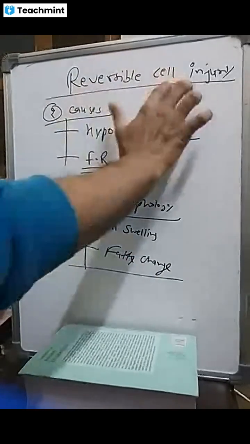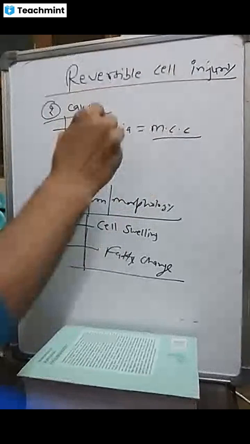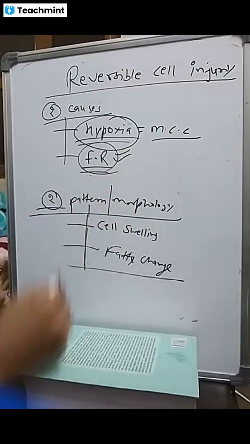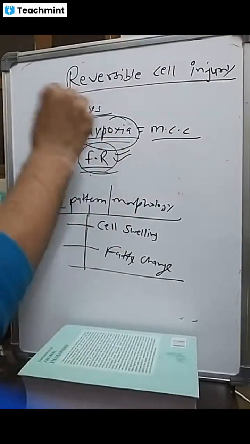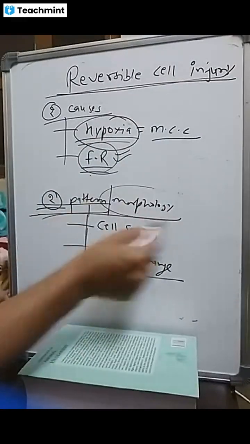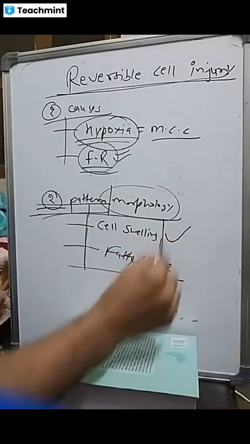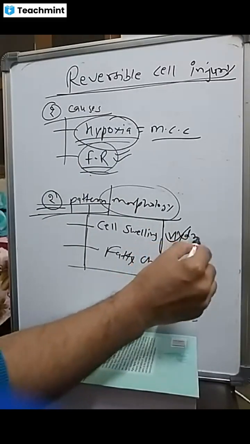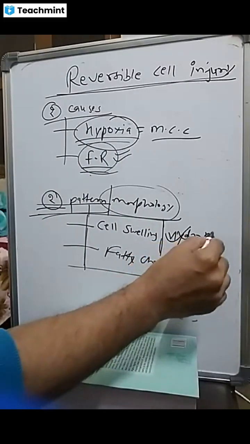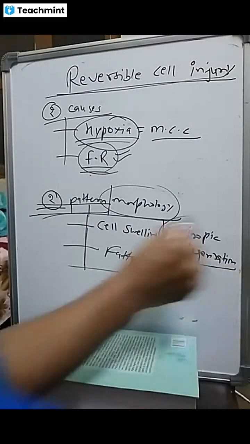So with reversible cell injury, hypoxia, then free radical. In reversible cell injury, what are the patterns? What are the morphologies? We'll see cell swelling, which is also known as hydropic degeneration.